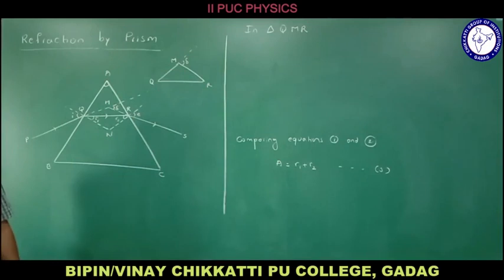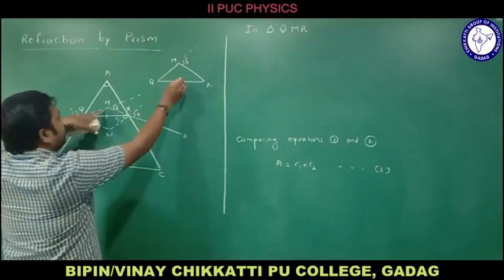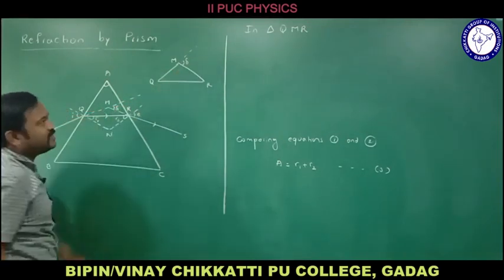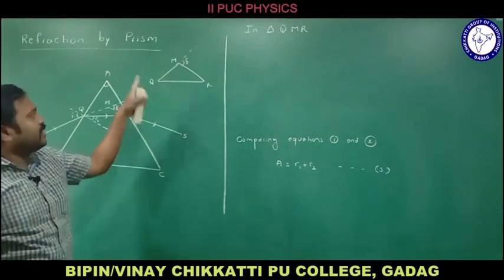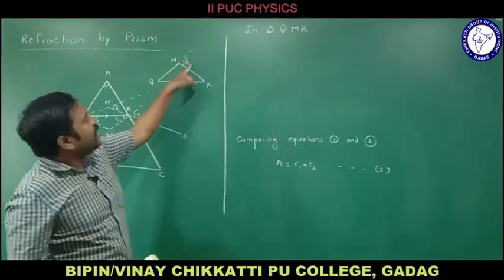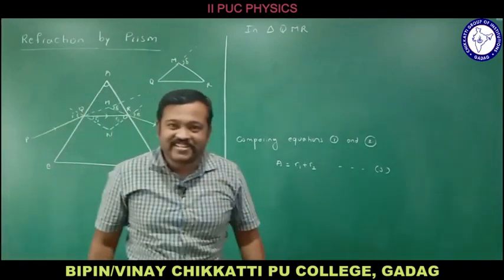Delta. Just observe this and this. Both are similar. This is delta, here also it is delta. So in triangle QMR, what is this delta angle? Shall I call it the exterior angle?